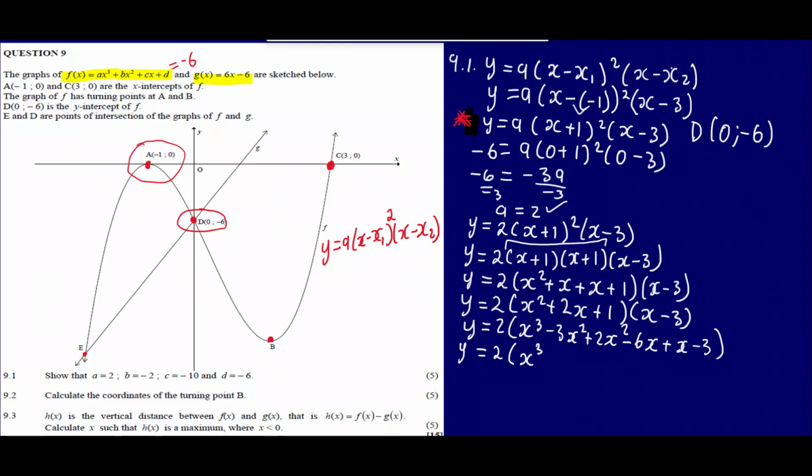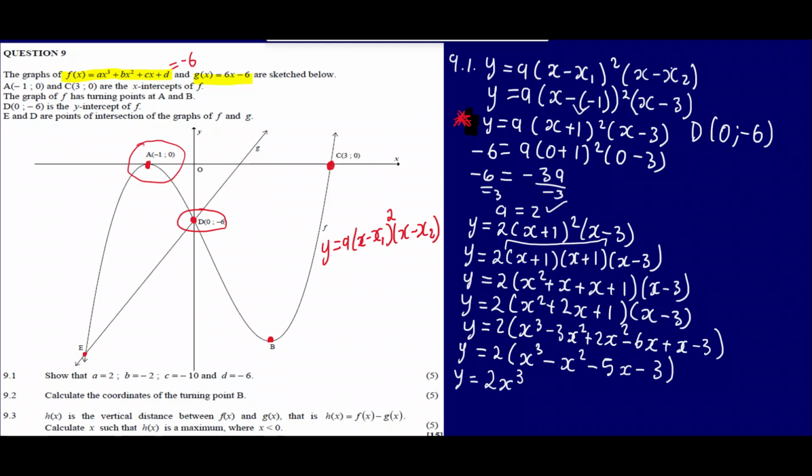So I hope we did everything correctly here, and if that's the case, then we will see that this will get x cubed, and we will get x squared here when we simplify. So on the other one we'll get minus 5x and minus 3 on the last one.